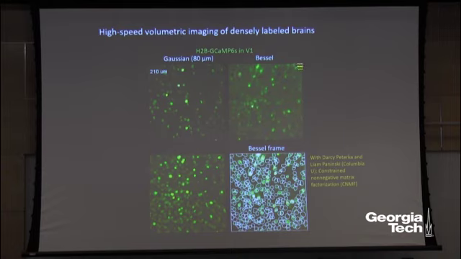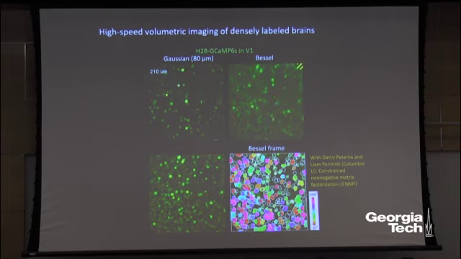So in collaboration with Liam Paninski's lab at Columbia University, who developed the constrained non-negative matrix factorization method, we were able to pull apart the overlapping neurons. Now this is using an algorithm that was not optimized for this type of data, but even there we could pull apart overlapping neurons and determine their orientation tuning property.